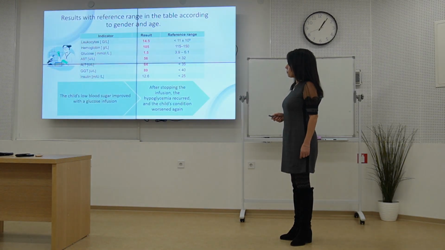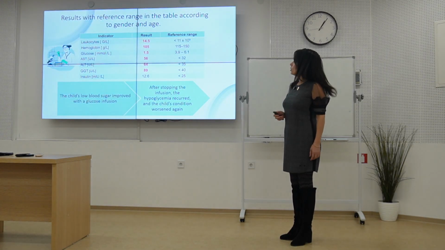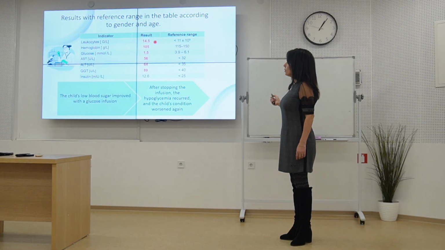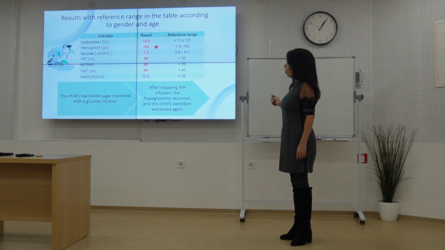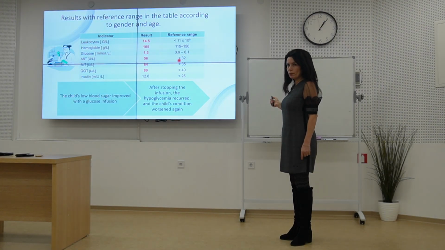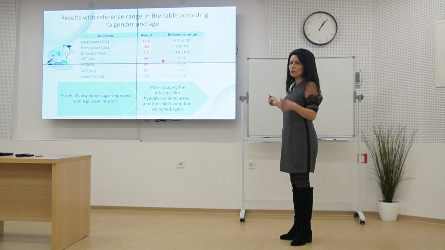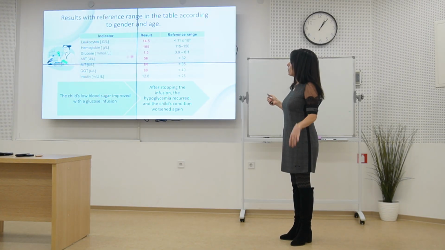From the laboratory tests, we can see very high leukocytes, hemoglobin is low, glucose is very, very low. The normal reference range is from 3.9 to 6.1 millimole per liter, remember that? Under this range is very severe hypoglycemia.